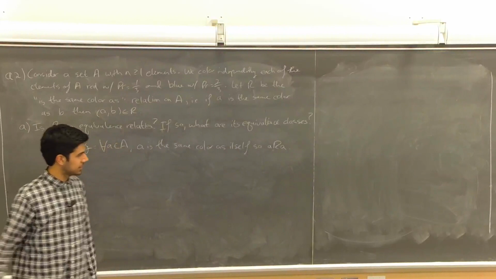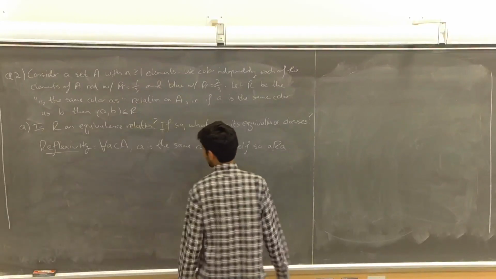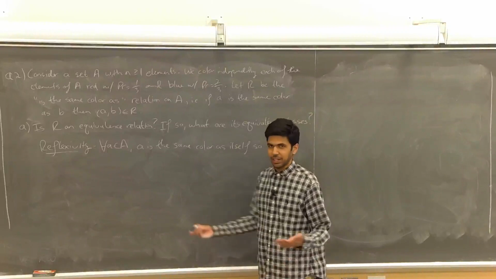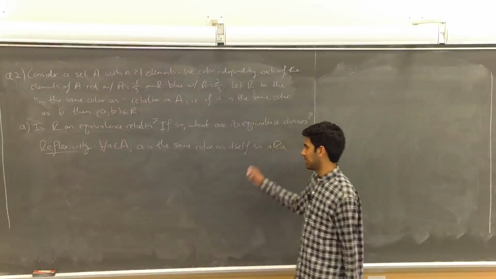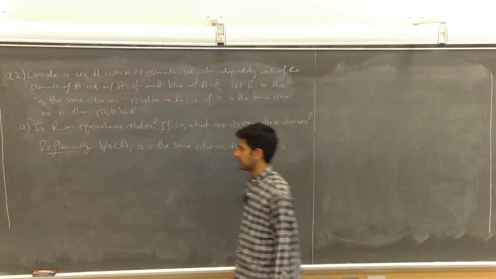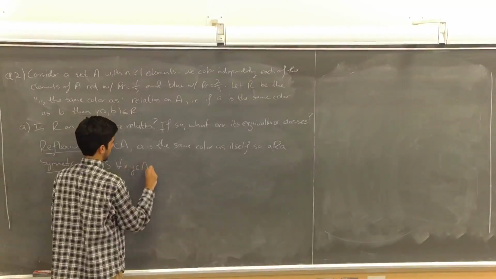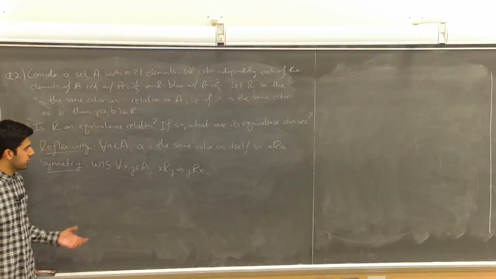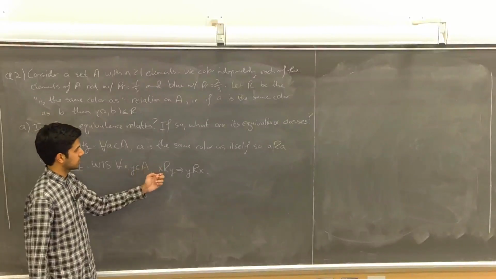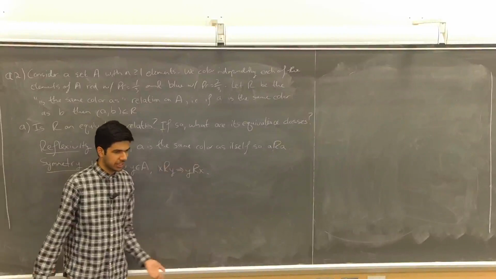So reflexivity is pretty simple, right? For all elements a in A, we know that a is the same color as itself, therefore it is related to itself. Therefore, we have reflexivity. So for symmetry, we want to show for all x and y in A, if x is related to y, then y is related to x.